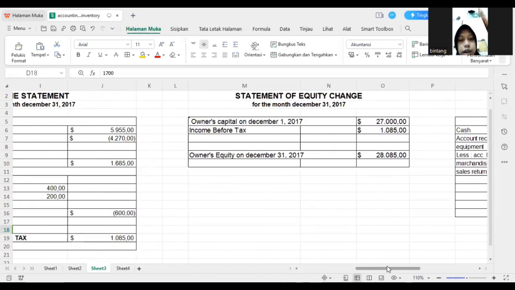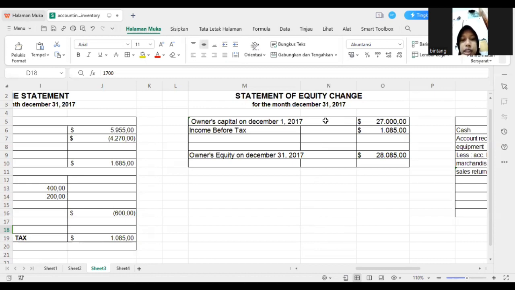And next, the statement of equity change for the month of December 2017. So in this statement of equity change, there is owner's capital on December 1, 2017, and the amount is $27,000, and we add the income before tax.